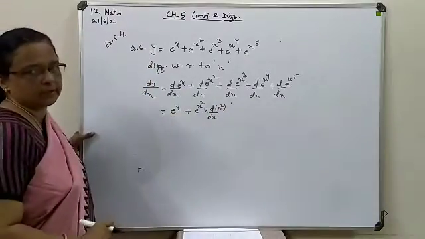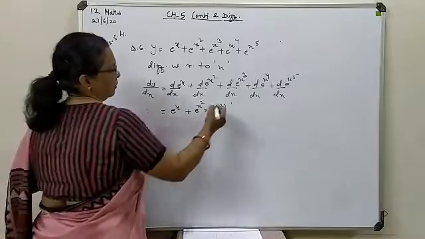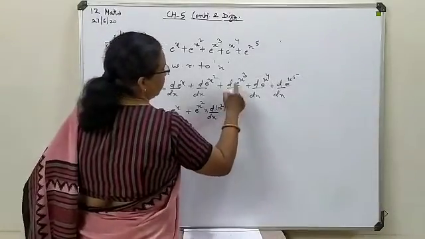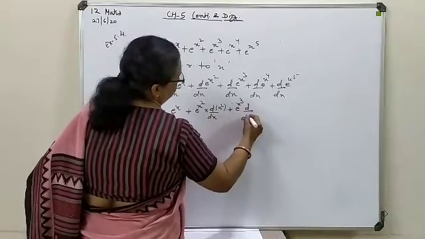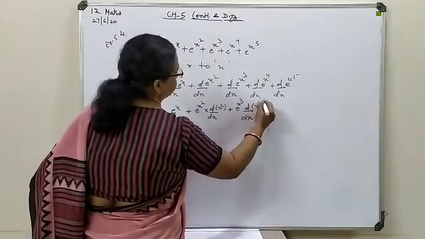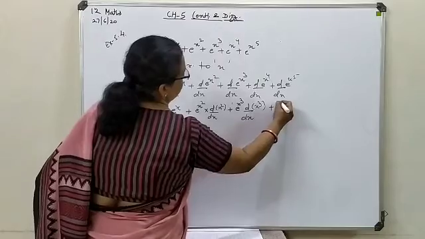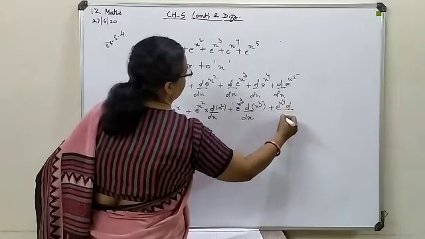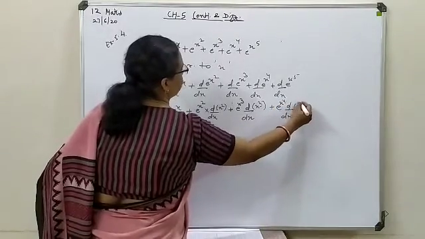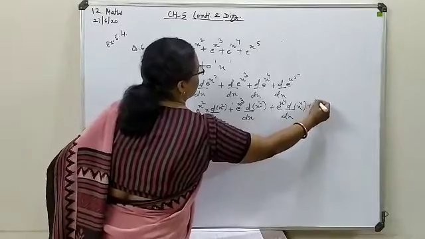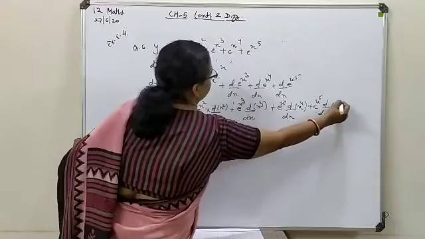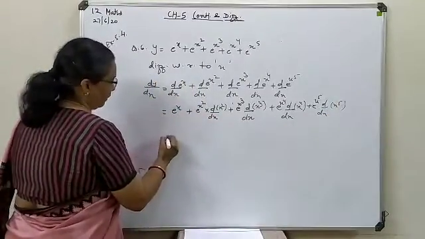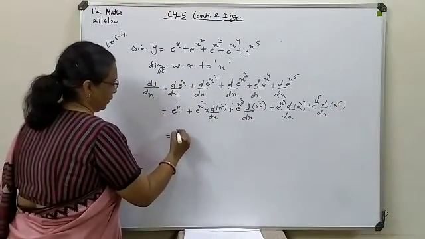In the same way the further three terms are to be treated. Here e power x cube as such, and the derivation of x cube here, e raised to power x power 4, differentiation of x power 4, e power x power 5, differentiation of x power 5. Now we write the respective differentiation we require.